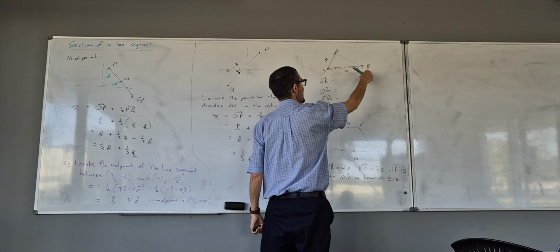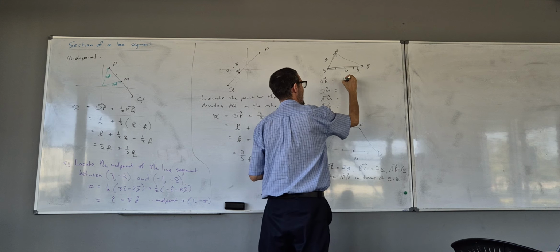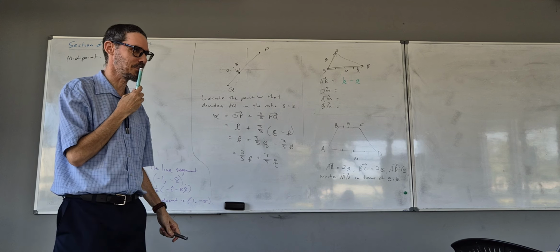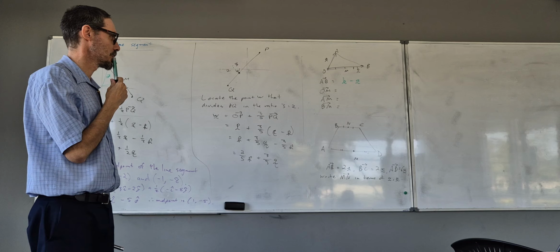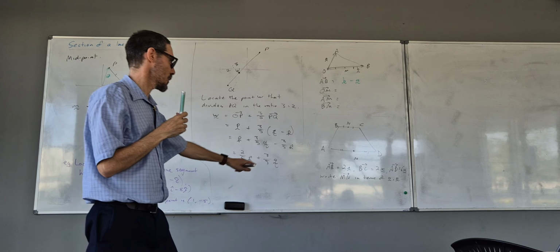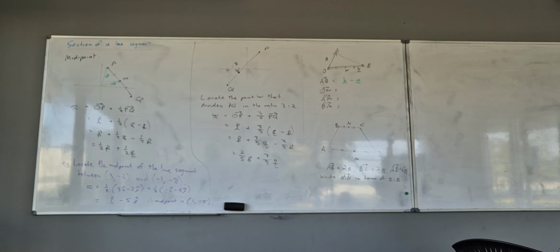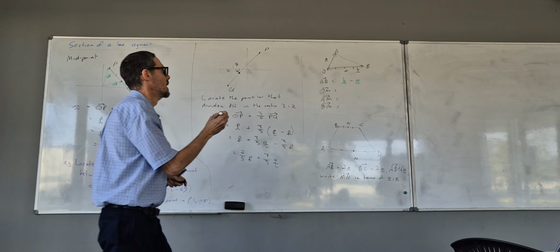So A to B is B minus A. That's an easy one. And all of them? Try this one. It's easy.